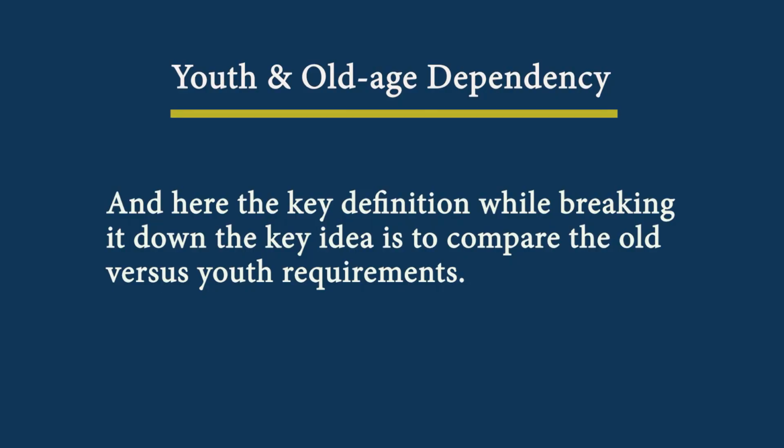Now we can break it down into two parts, right? One will give us the youth dependency ratio, another will give us the elderly dependency ratio. While breaking it down, the key idea is to compare the old versus youth requirements.